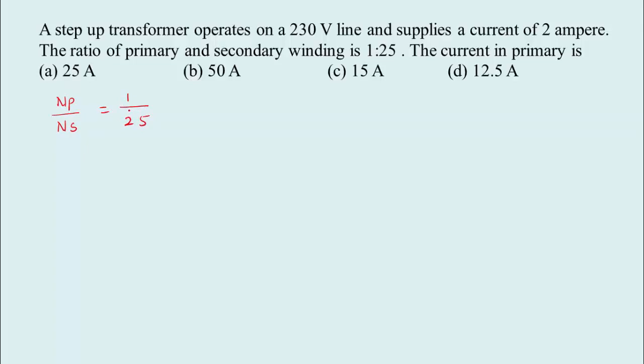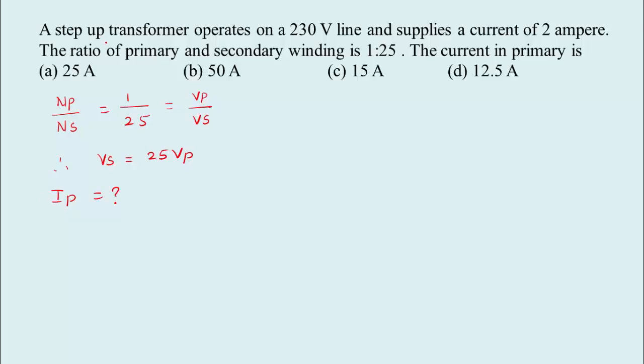Then for the current in the primary, we have the equation NP by NS equal to Vp divided by Vs. That means Vp by Vs is 1/25. Therefore, voltage across secondary is equal to 25 into voltage across primary. Now we have to calculate current across primary, that is the IP value.